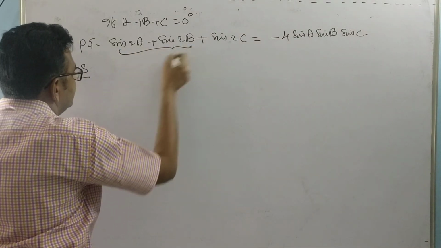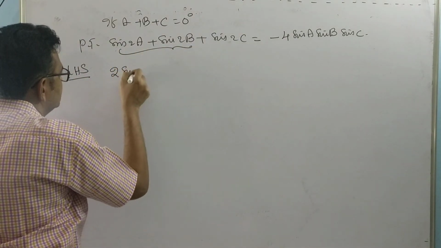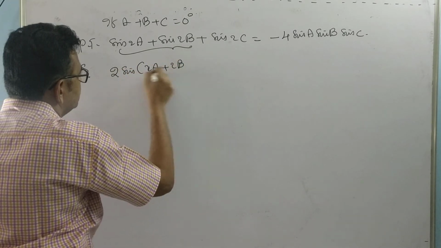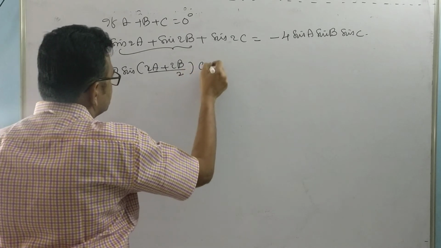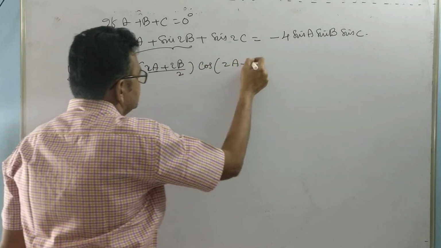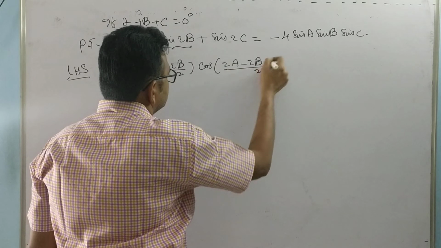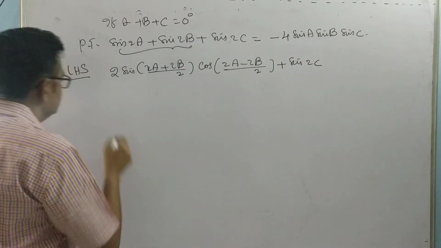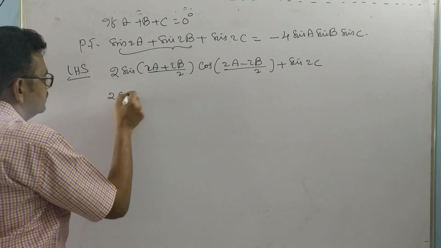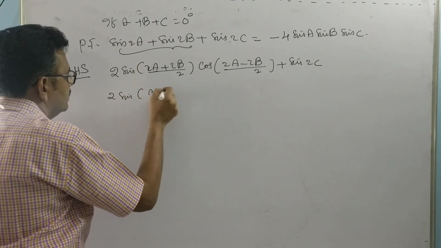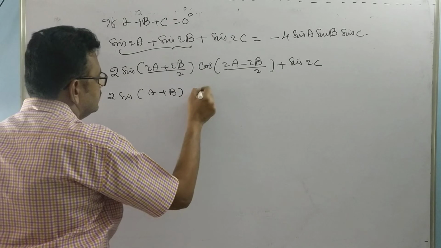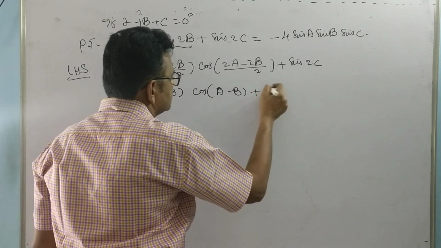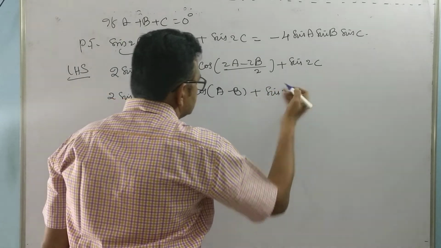Sin C plus sin D formula: 2 sin of (2A plus 2B)/2 into cos of (2A minus 2B)/2 plus sin 2C. That is 2 sin (A plus B) into cos (A minus B) plus sin 2C.